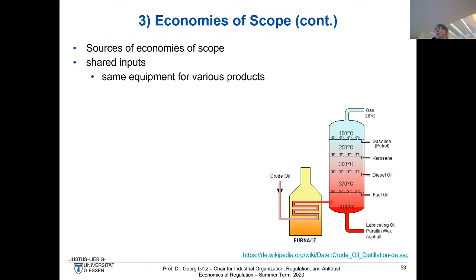So if you have a railway track from Gießen to the Vogelsberg, you can use it not only for passenger train services, you can also use it for freight services. Here I have some examples.